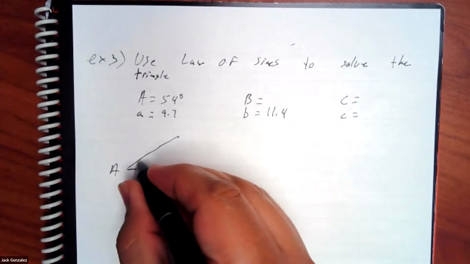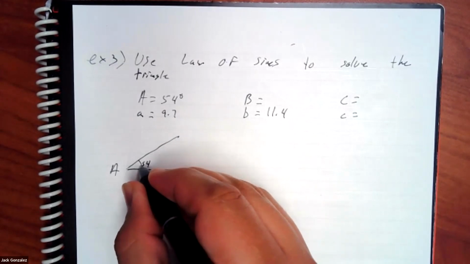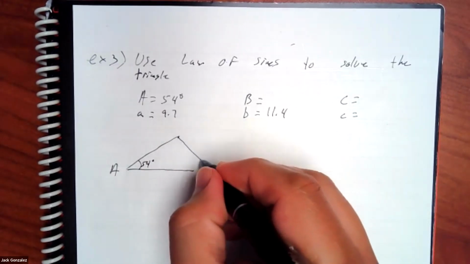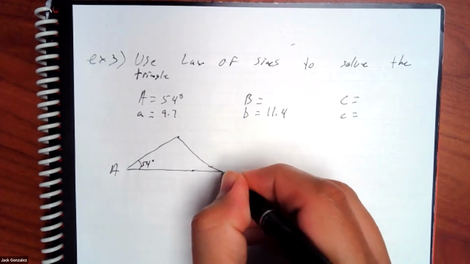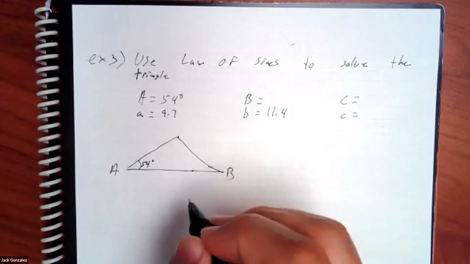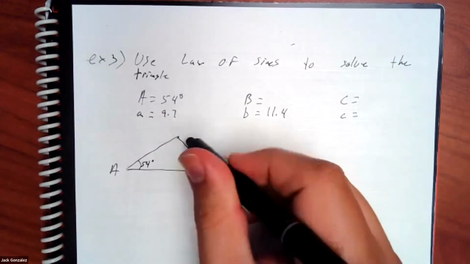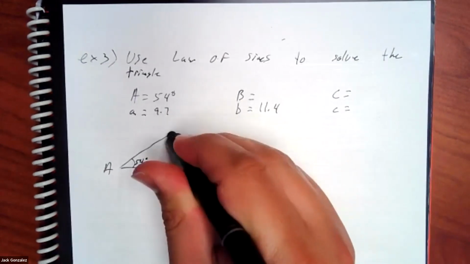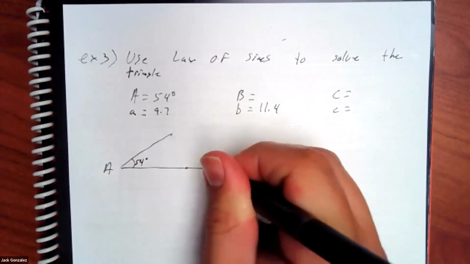So A was 54. Think about this part. So let me give you a drawing here.